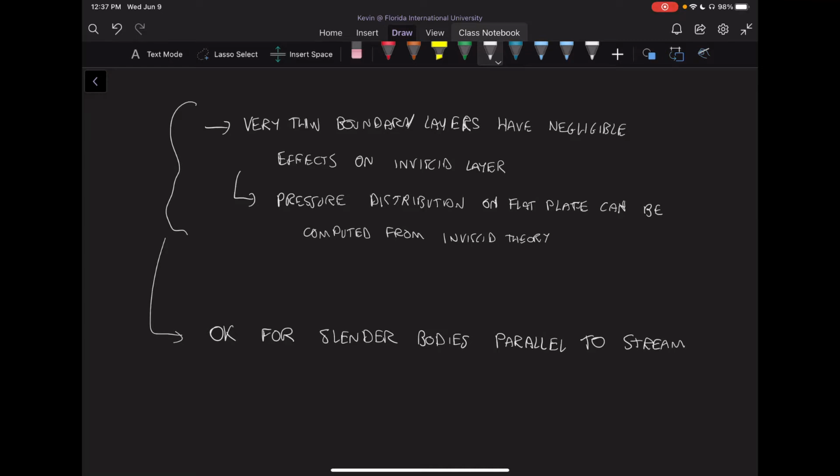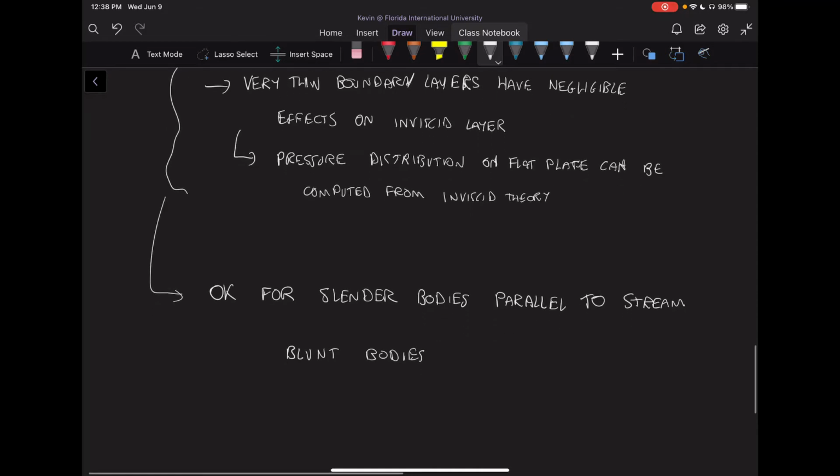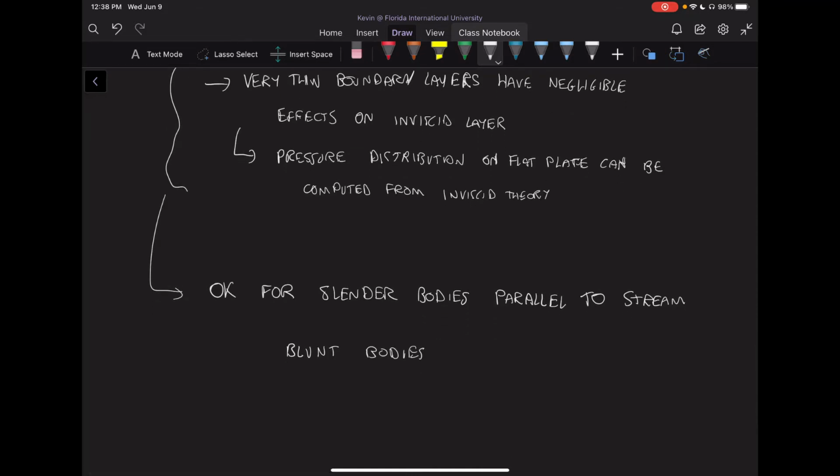Now, the opposite of a slender body is a blunt body. For blunt bodies, we have a much bigger effect from the viscous layer. And for blunt bodies, the analysis becomes more complex.